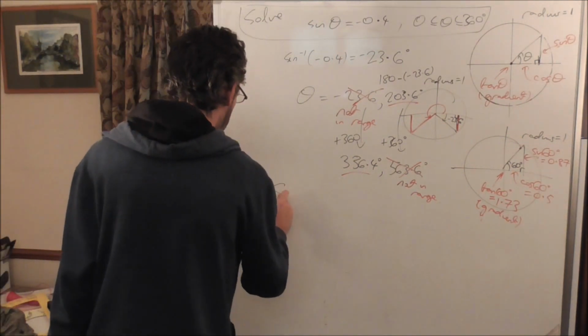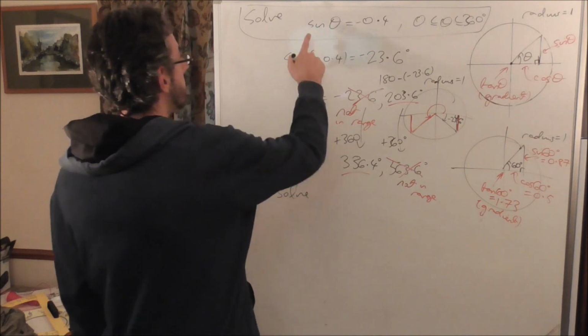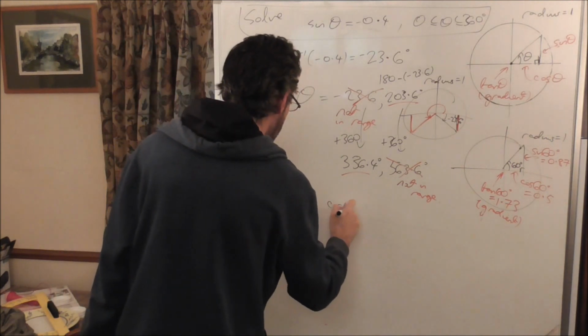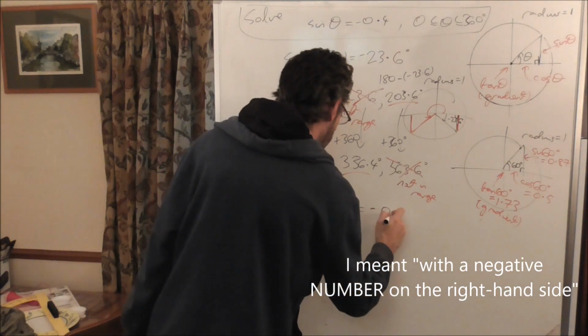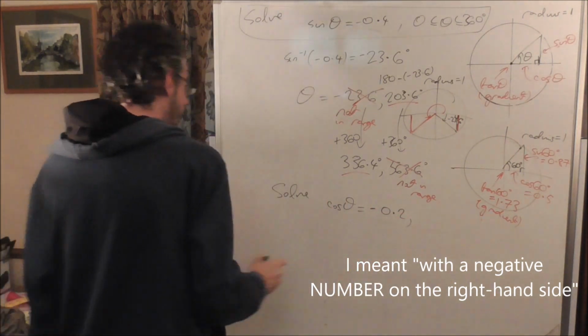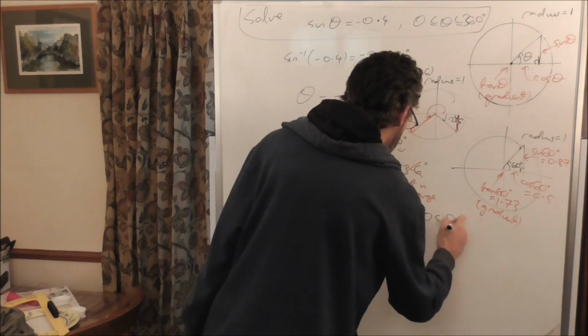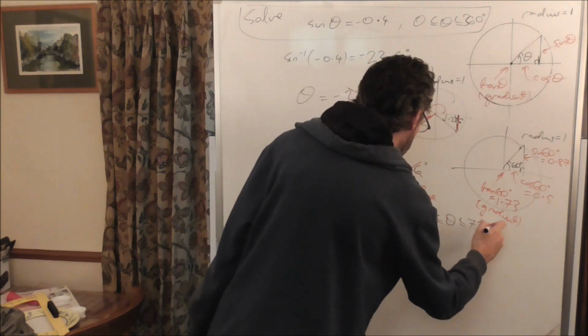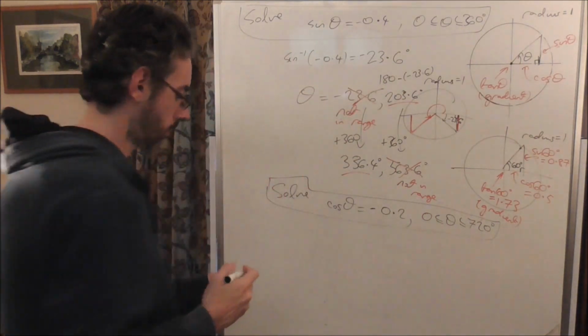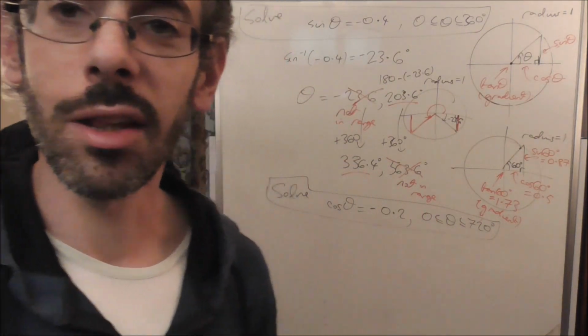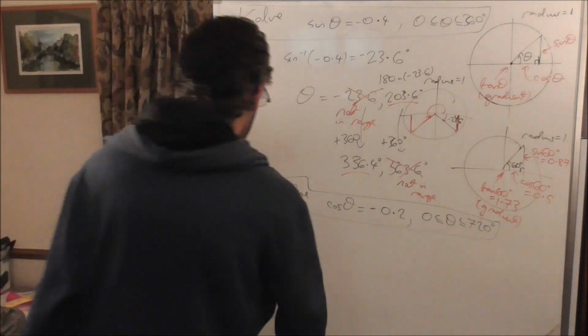Let's do an equation with cos theta and a negative angle on the right hand side. Let's do cos theta equals minus 0.2, and this time let's go from 0 up to 720. Okay, so again, to get the first angle, you just press inverse cos on the calculator.